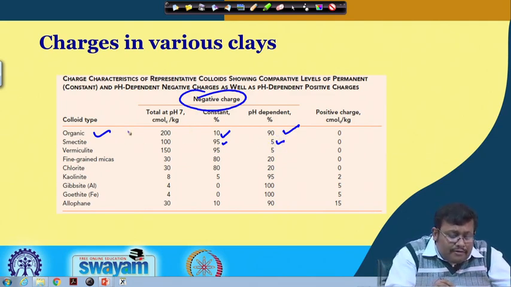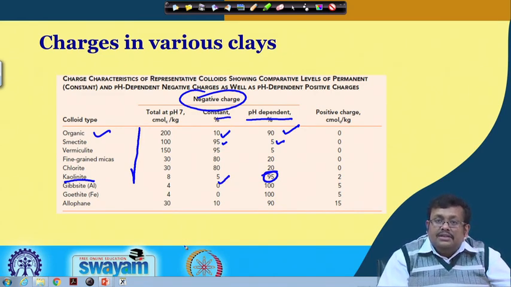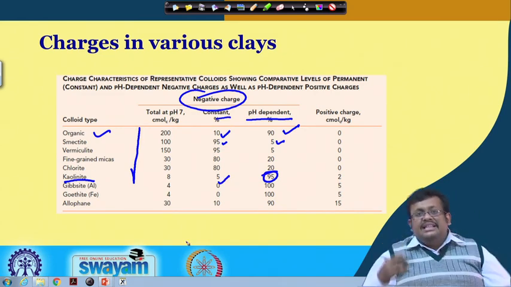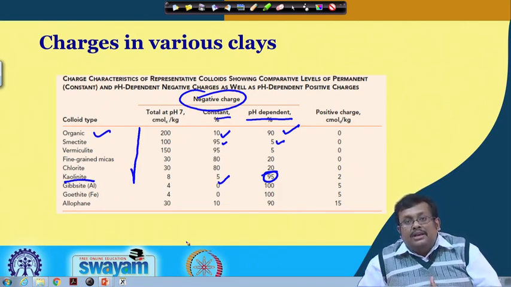As you go from organic matter to smectite, vermiculite, to kaolinite, now you can see 95% of the negative charge is pH dependent charge, because the constant charge is only 5%. Why is that? Because if you remember, they have an almost locked structure due to the presence of hydrogen bonding between the adjacent layers.